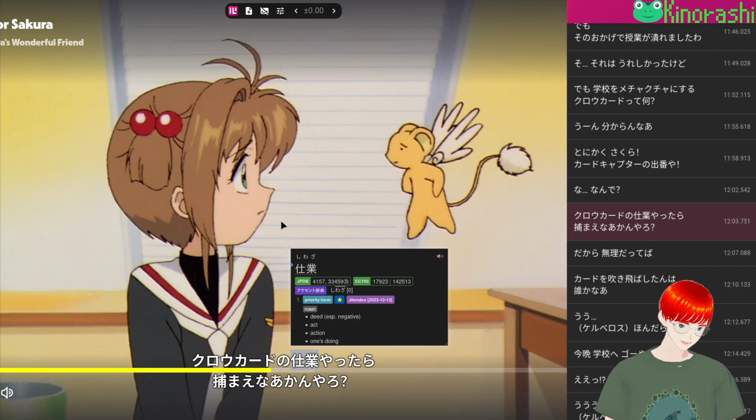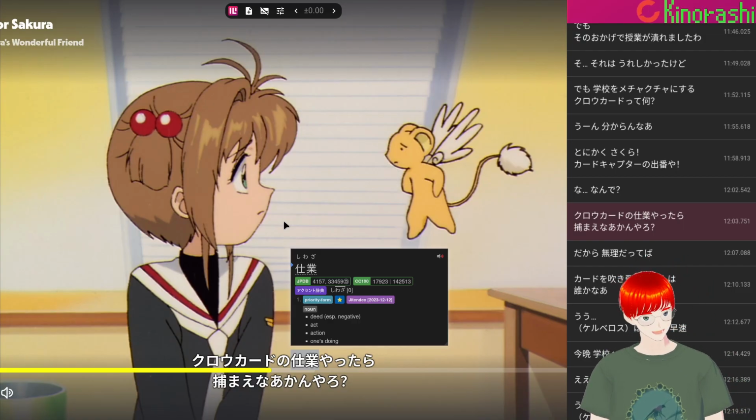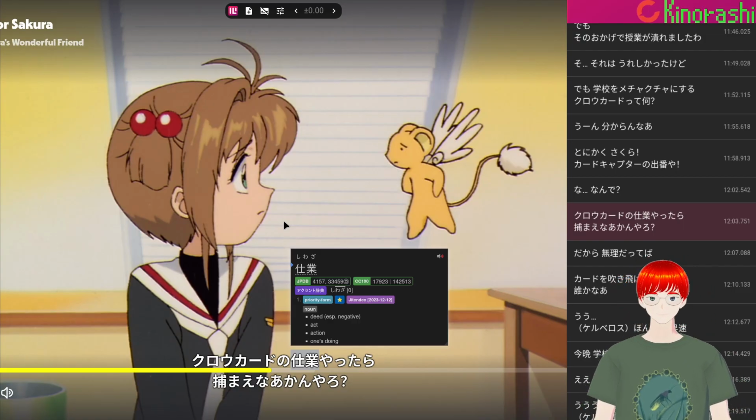Okay. The verb tsukamaeru means to catch. The form na akan is a colloquial contraction of nakya akan.